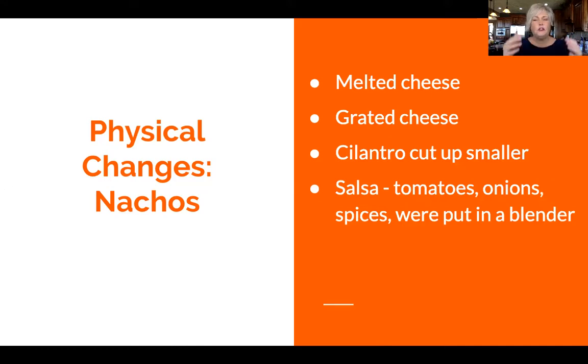But again, if you look on a molecular scale, the atoms that make up the tomatoes and the onions and the different spices are still there. They have not changed. They haven't separated and rearranged into a different substance. It's all individual. So that's just a physical change. Good job with that one, you guys.